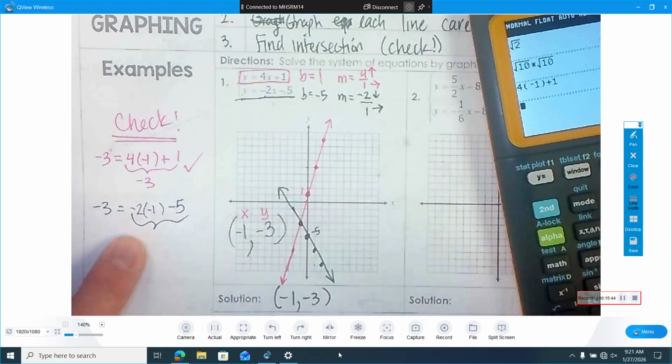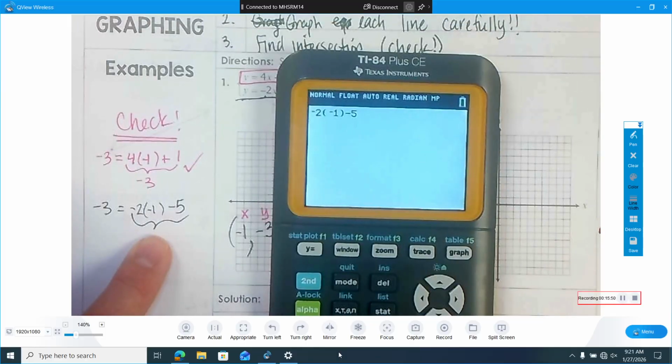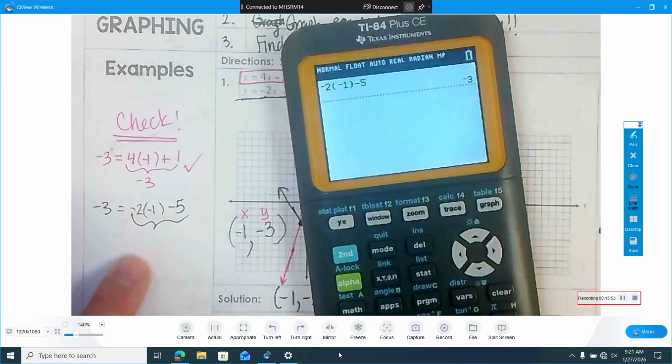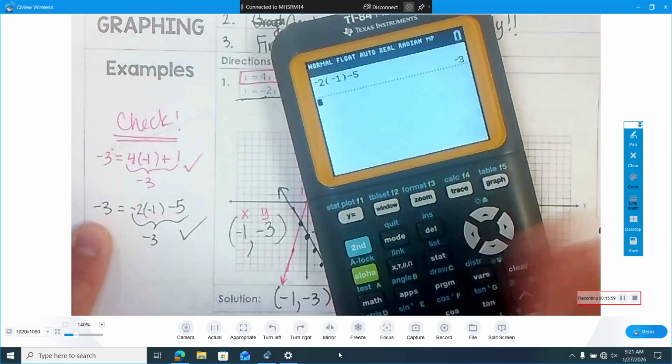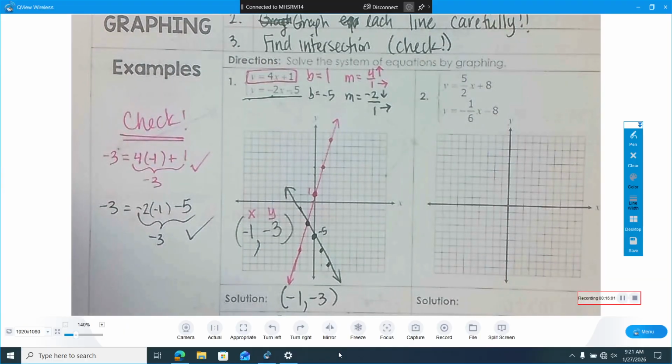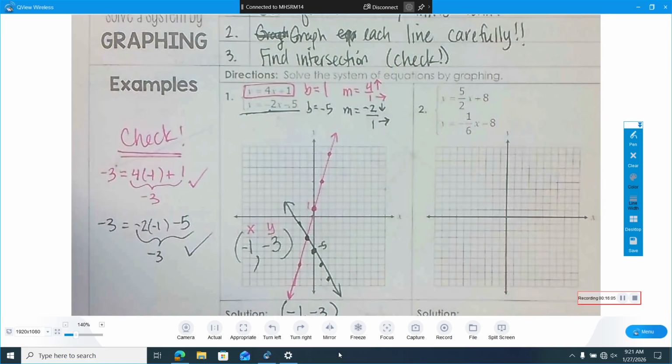And I'm just going to type that whole thing into my calculator. Negative 2 times negative 1 minus 5. And I get negative 3 as well. So that one also balances perfectly. Okay? So we know we did it perfectly correctly. You can check every single problem. All right? Which is really, really nice.